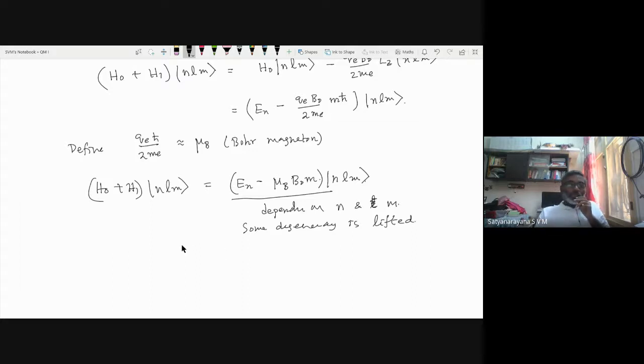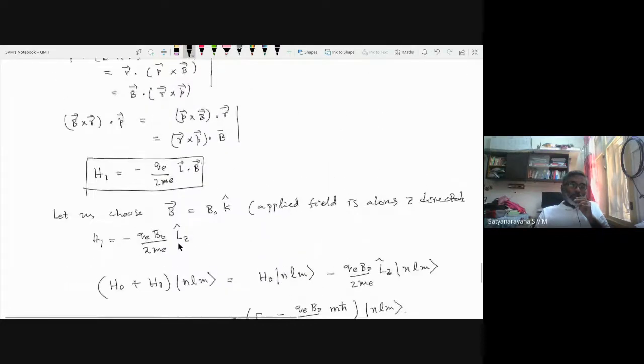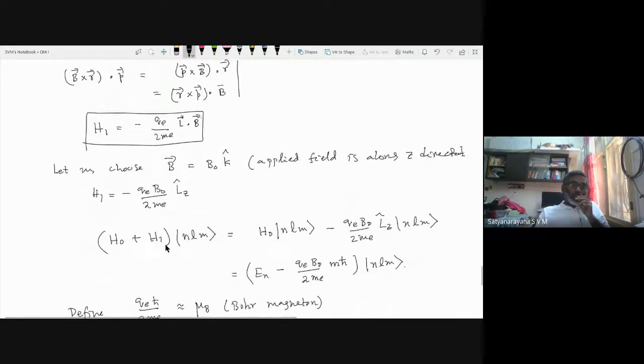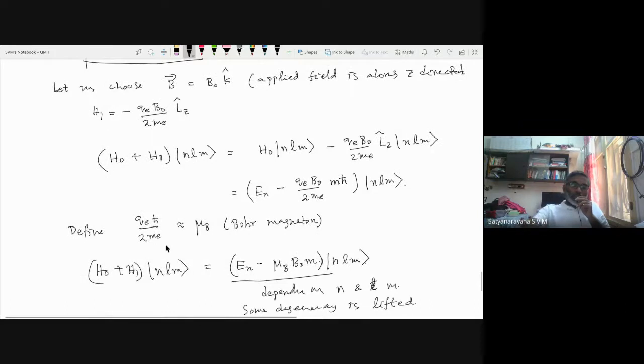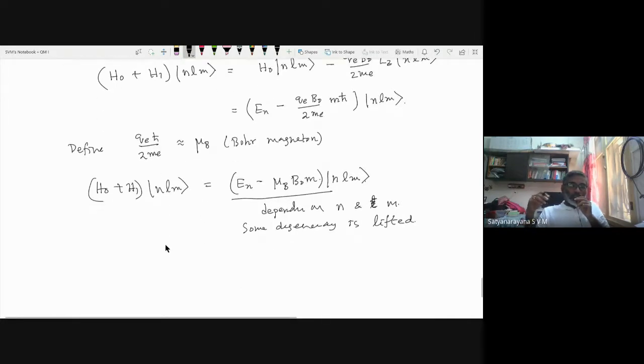Okay, so this is one. You don't require perturbation theory even directly, because the Hamiltonian with this interaction has only the LZ operator, and NLM is an eigenstate of the LZ operator, and hence you can get exact energies where the degeneracy in M can be lifted.